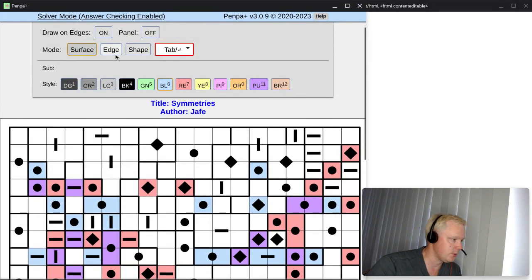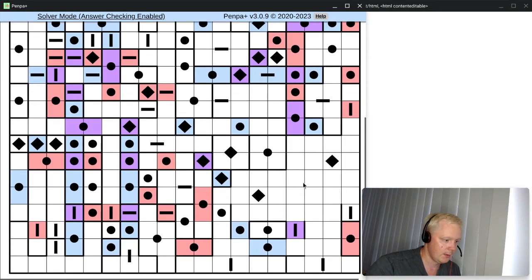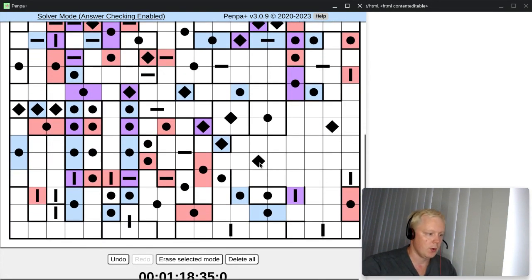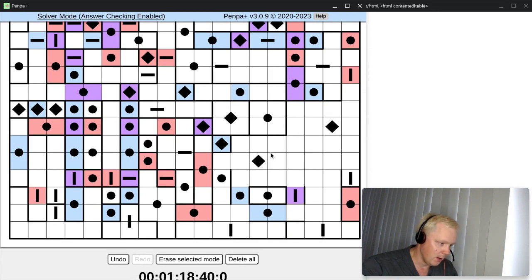And change the tool again. Yeah, all right. So this diamond obviously can't take it. It would be, let's just see, just for fun, 3 diagonally and 1 to the right. So it would be here and here. That would be one of the 3 counterparts. So that's obviously impossible. This bar taking this cell would mean this cell is part of it as well.